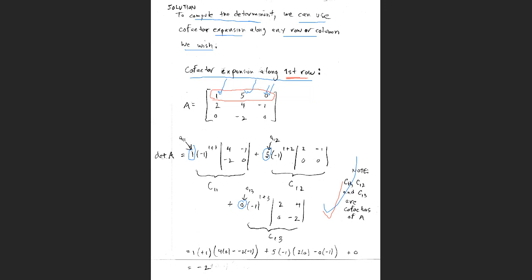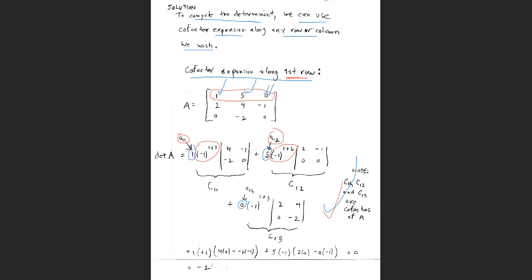So here we have -1 to the 1 plus 1 power, A sub 1, 1. Over here, we have -1 raised to the 1 plus 2 power, A sub 1, 2, first row, second column.